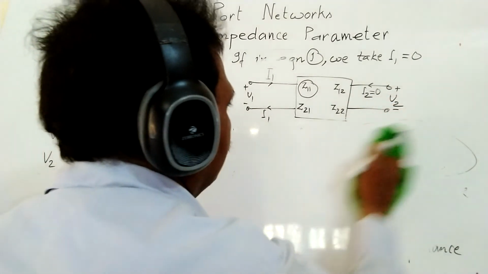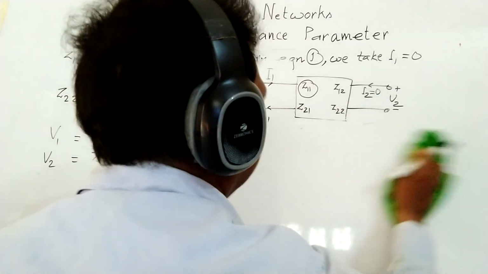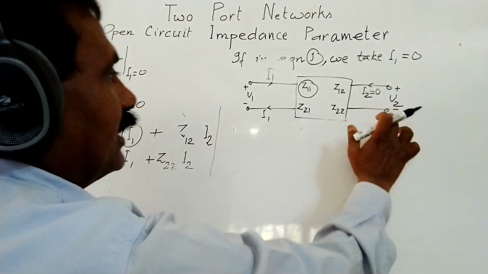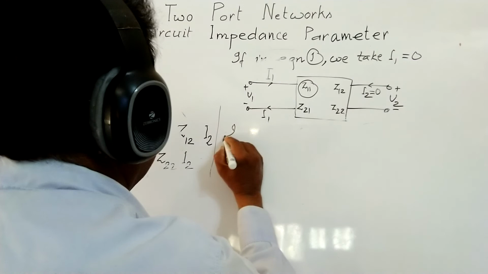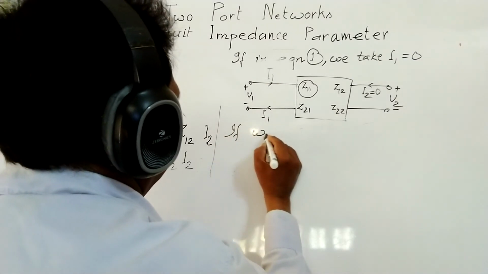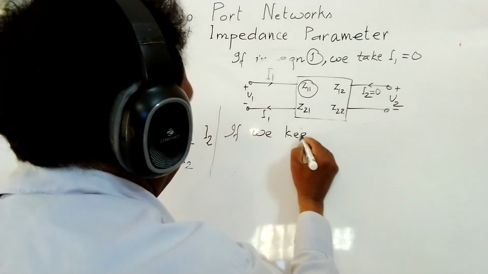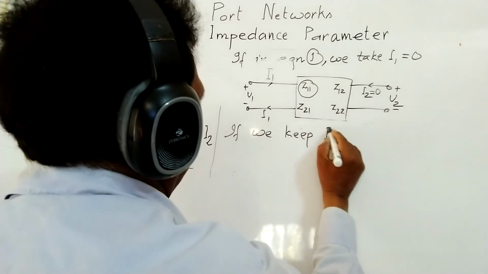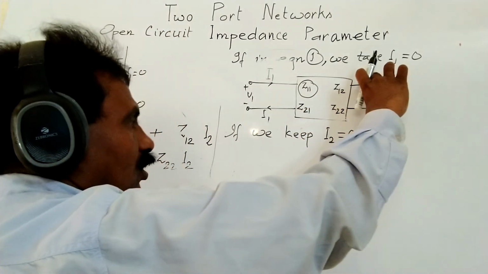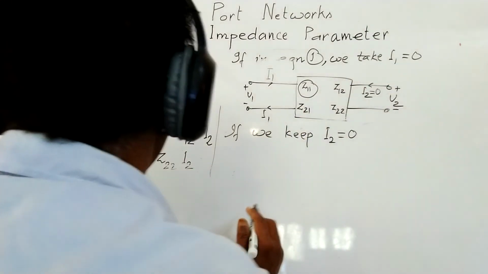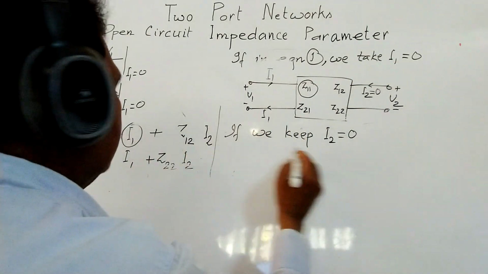It means we are going to open circuit the second port, the output port. So if we keep I2 equal to 0, it means open circuiting the output port. What do we get from the first equation?